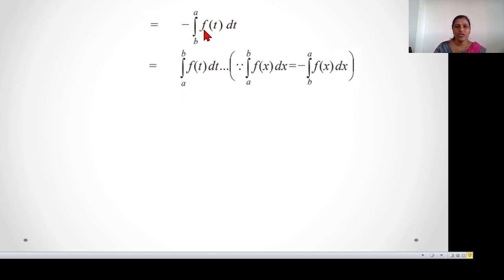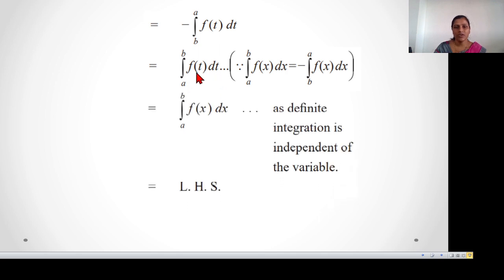Then by using the previous properties, we can change this integral to the integral a to b f of t dt. And this term is also the same as the integral a to b f of x dx by using our previous property. So this value is equal to the value of the LHS. So this property gets verified here.